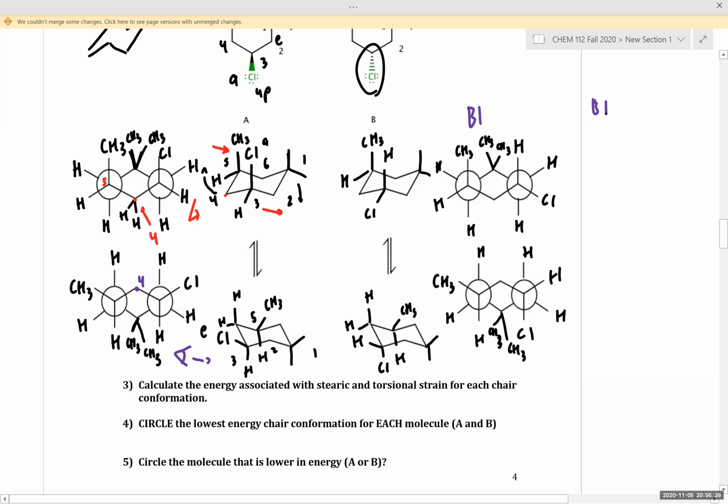So B1, in terms of our diaxial interactions, we have a methyl-methyl, and we have a methyl hydrogen. Any other diaxial interactions that we need to note?